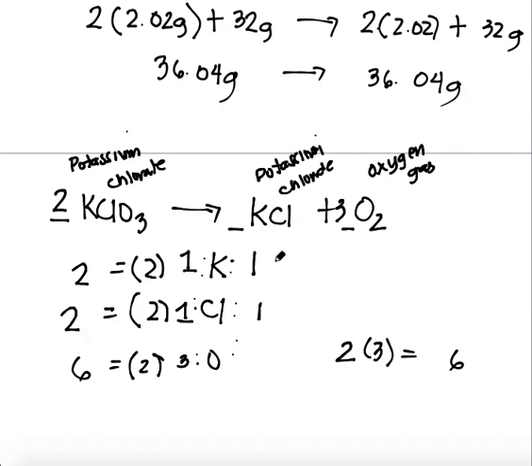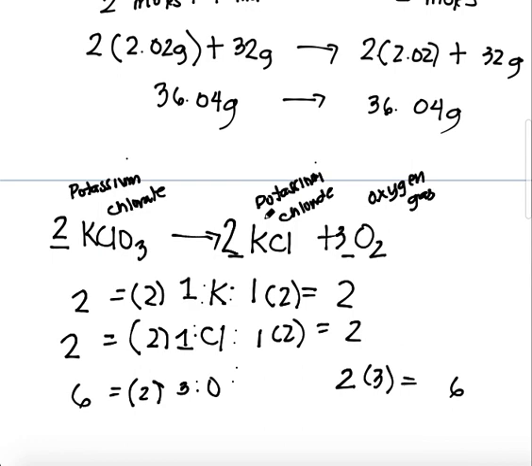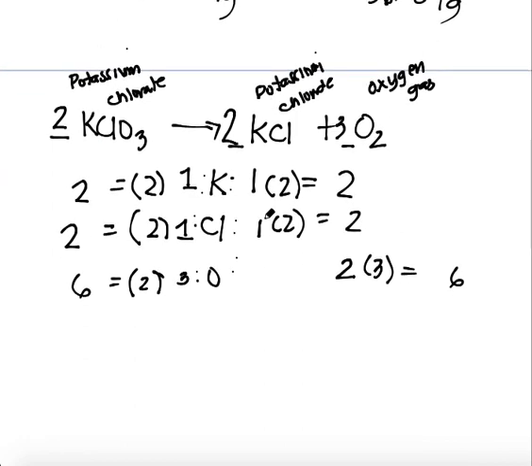At this point, I need to multiply this part by 2 as well. So I just need to put 2 here in order to make our equation a balanced equation. That's how we operate on how to balance a chemical equation as well. So this is also a balanced equation.